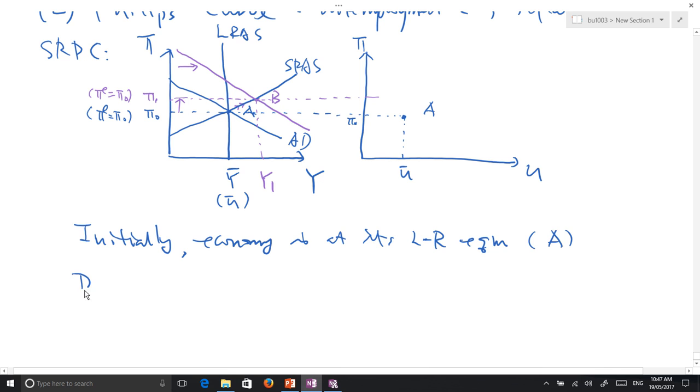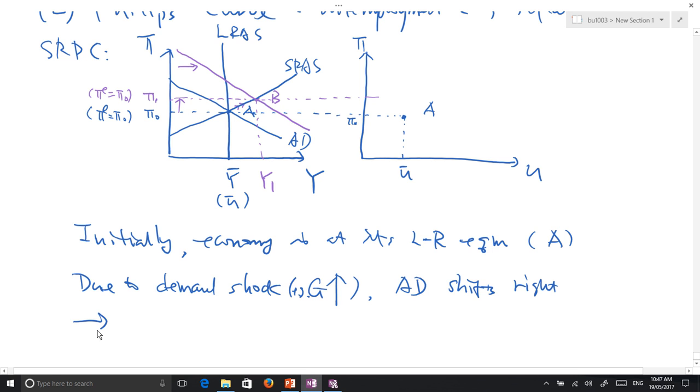Then, due to a demand shock, for example, G increases, the AD curve shifts right. This implies the economy moves from point A to point B, i.e. the inflation rate goes up, output goes up, which is the same as saying unemployment goes down.